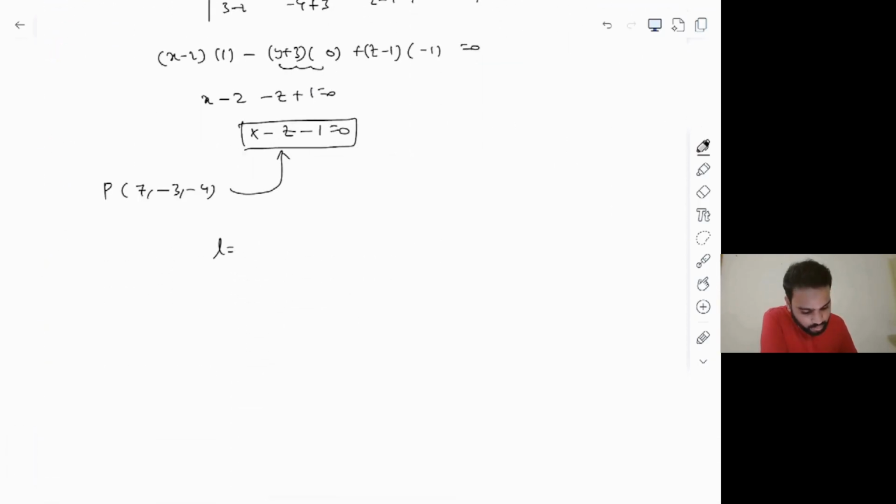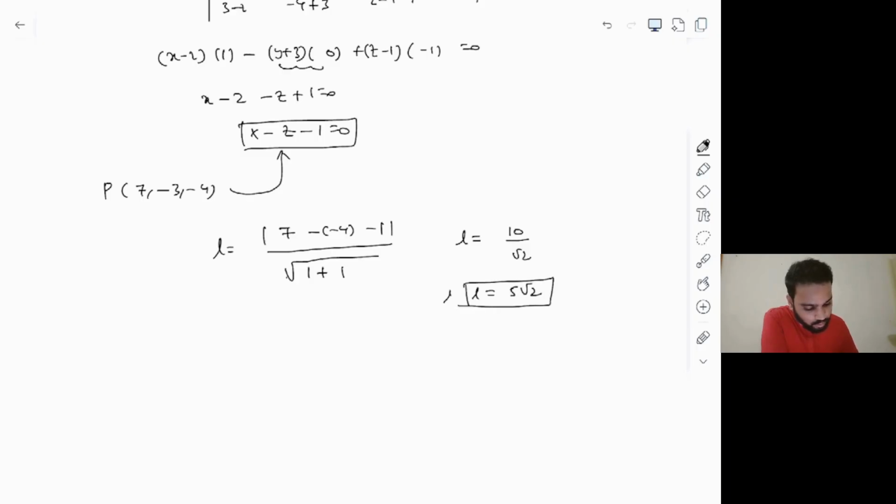So perpendicular distance L will be equals to modulus of, just substitute the point in the plane, that is 7, and minus of minus 4 minus 1 whole divided by square root of a square plus b square plus c square. So which will give you finally L is equals to modulus of 7 plus 4, 11, 11 minus 1 is 10, 10 divided by square root of 2, which will give you finally perpendicular distance is equals to 5 into square root 2.